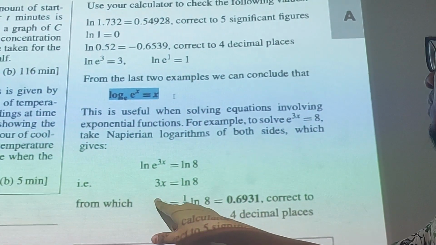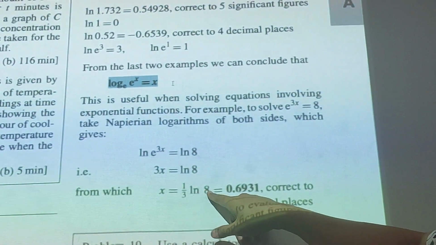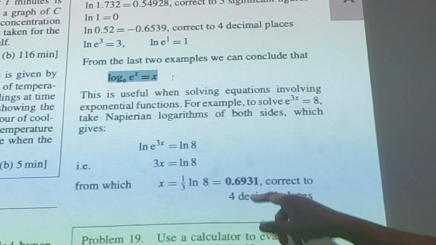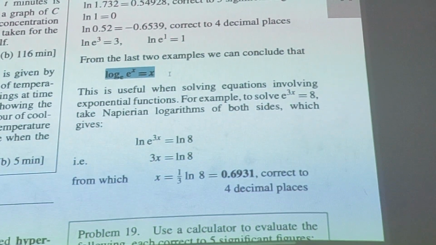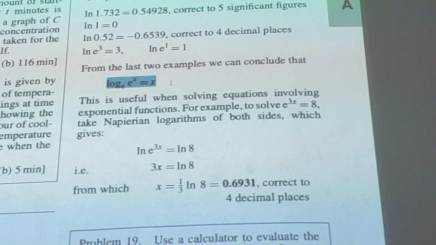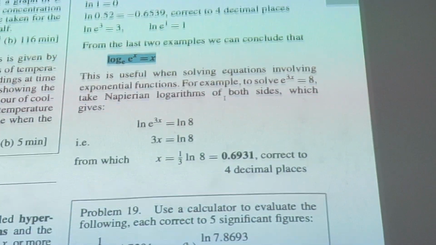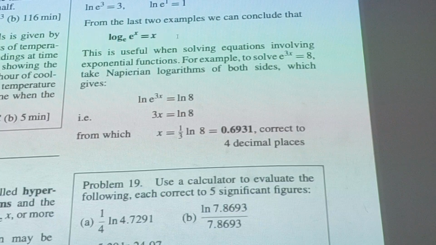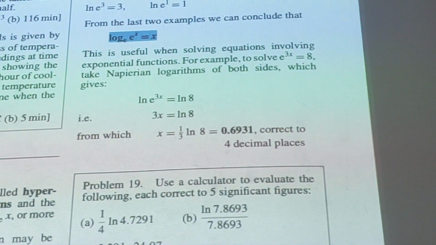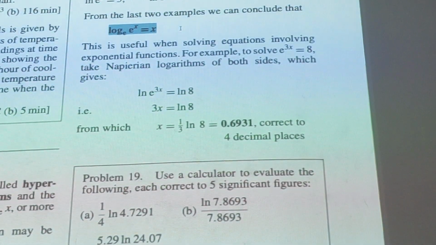Then x equal to 1/3 multiplied by ln x. And this is the result of x, 0.6931. So please remember this basic condition, basic function for ln power.